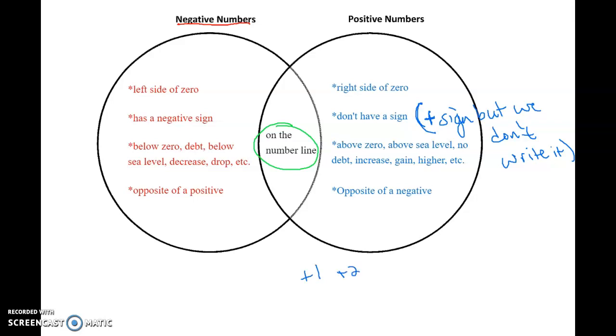Okay? So we don't do that, but it's there. Some situations where we talk about positive numbers: if we say things are above 0, like temperature, above sea level, if we don't have a debt, we have a gain or increase or something is higher. And it's the opposite of a negative. So we're going to talk about opposites of positive and negatives, and try to get a better understanding of negative numbers and positive numbers and their relationship with each other.